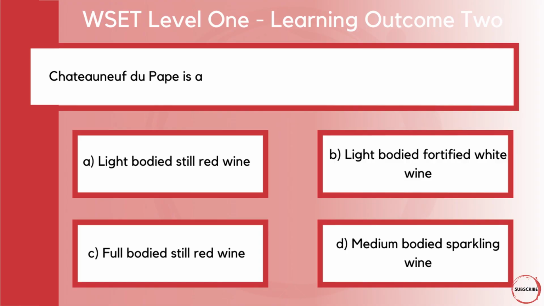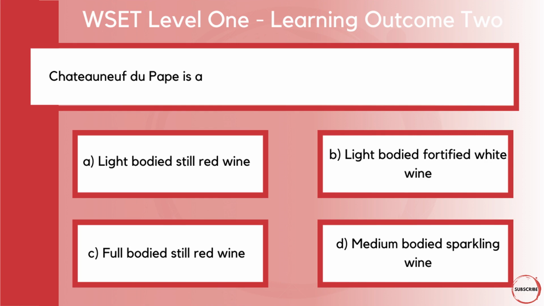And it's through that you're going to get similar questions to what we covered on the last assessment criteria, where you need to be able to explain the type of wine that's produced when it's labelled a certain way. So let's say our wine is labelled Châteauneuf-du-Pape. What style of wine is that? Is that a light-bodied still red wine? Is it a light-bodied fortified white wine? Is it a full-bodied still red wine?